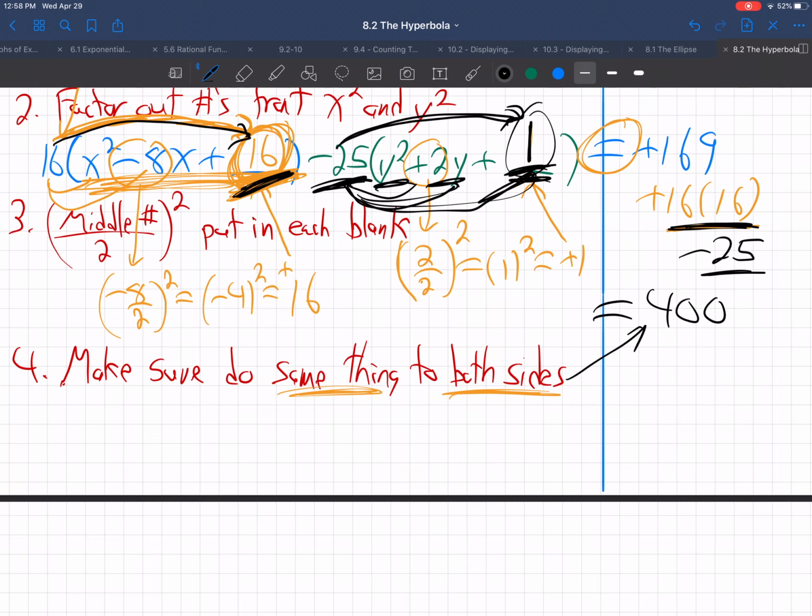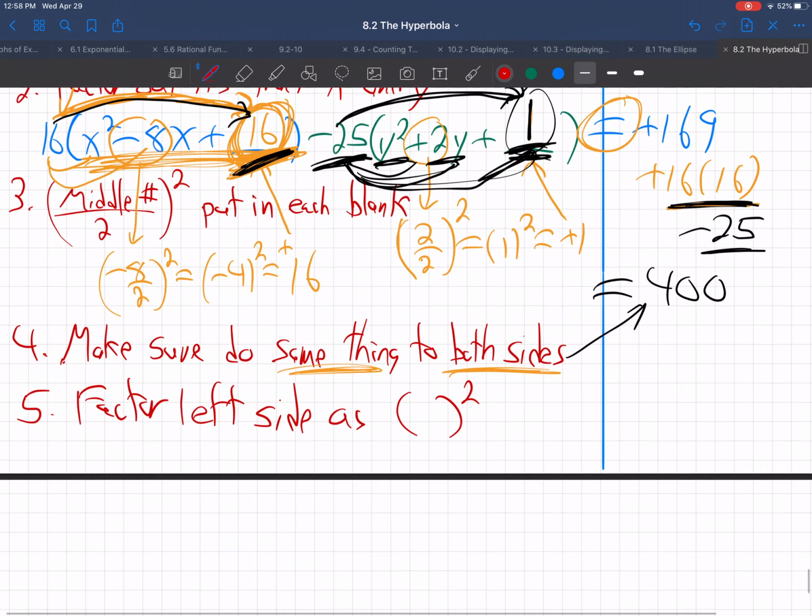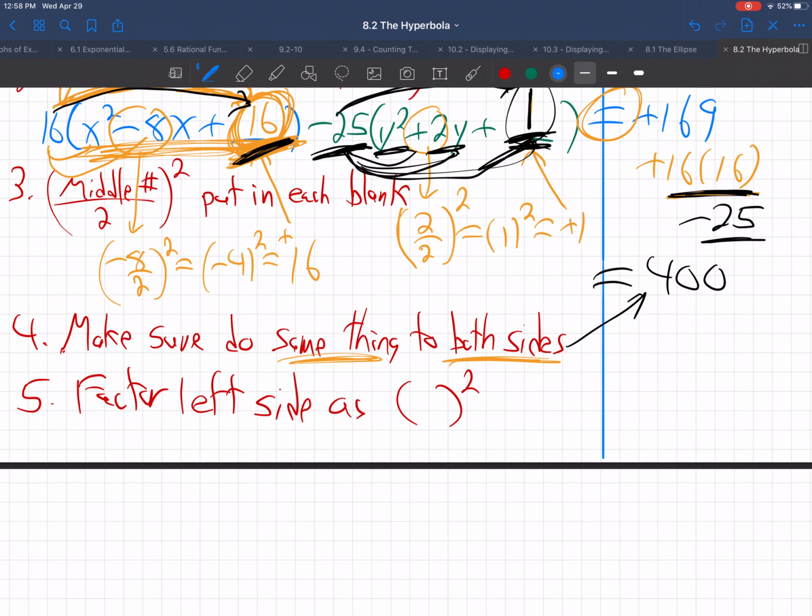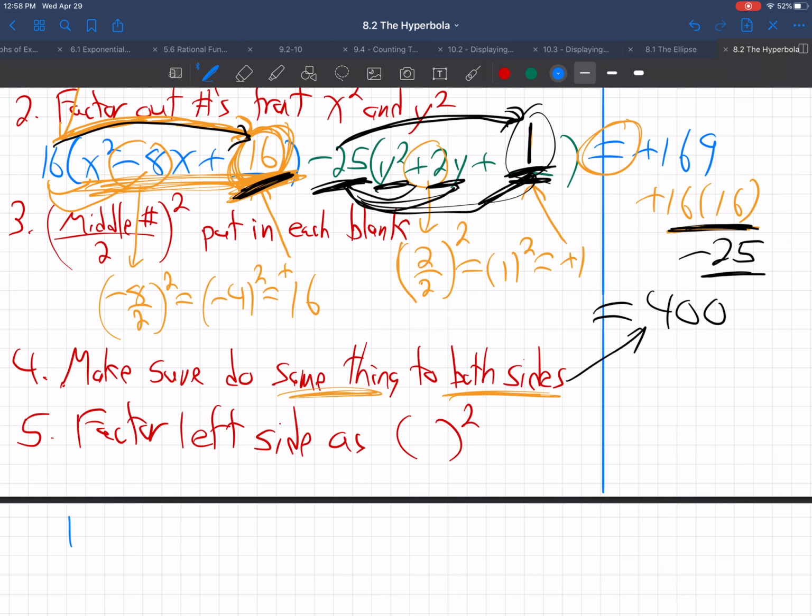The right side's 400. Now, step 5, factor the left side as parentheses squared. What am I talking about? Well, that left side now, let me bring it down here.